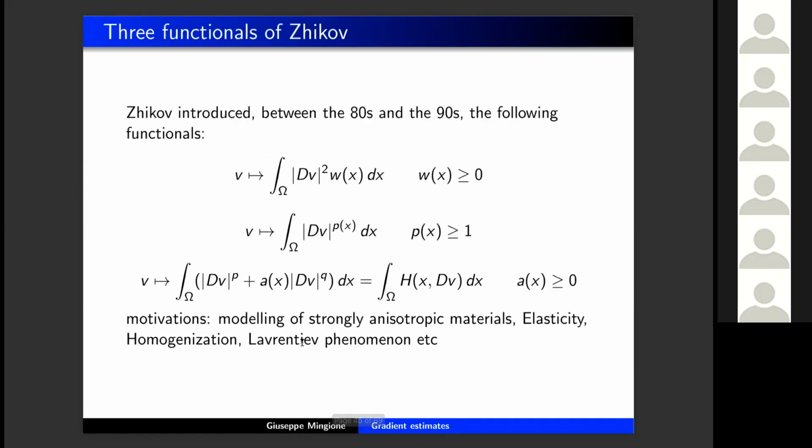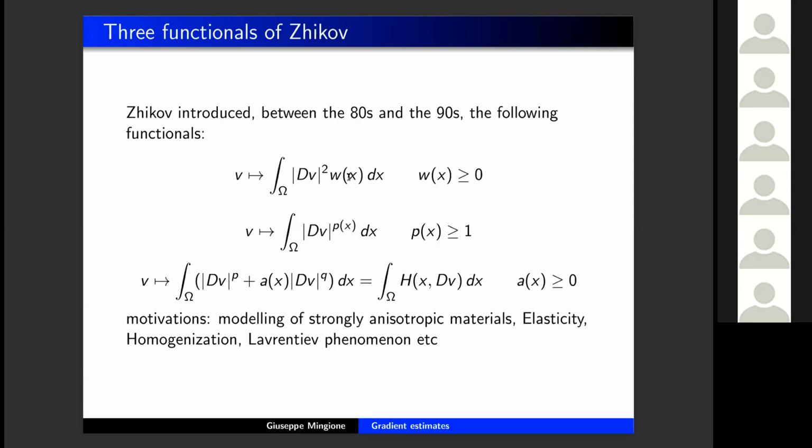Okay, you can immediately understand why it doesn't work by analyzing these three functionals originally considered by Zhikov in the 80s. Actually, the real Zhikov functionals are the last two. The first one is a very classical one where you have a weight next to the gradient. So you immediately have the intuition that perturbation methods cannot work as such. Why?